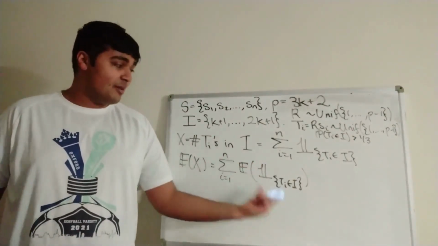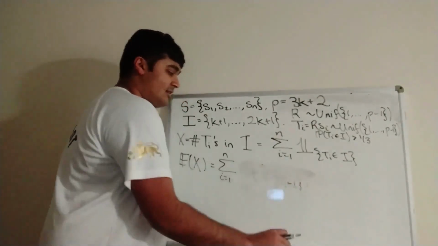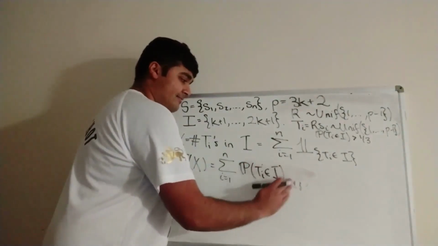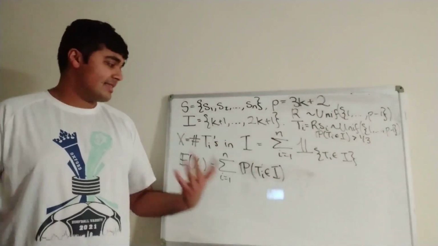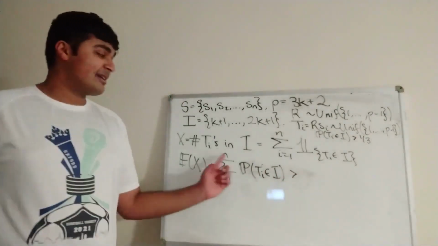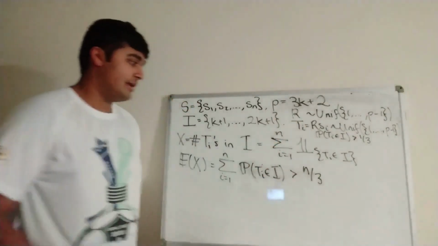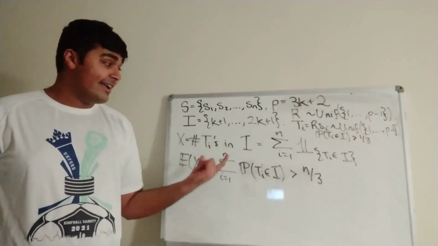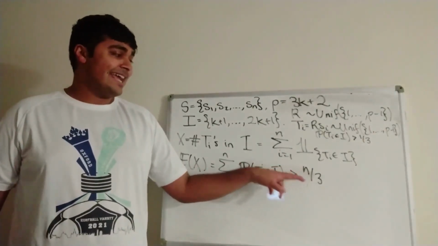That's exactly the probability that t_i lies in I. But we just showed that this is strictly bigger than a third. So this is strictly bigger than the sum from i equals 1 to n of a third, and that is just n over 3. So we have this random variable X, the number of t_i's that are in I, and we've just shown that the expected value of X is strictly bigger than n over 3.